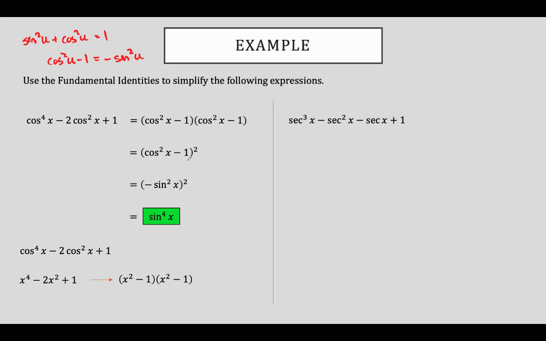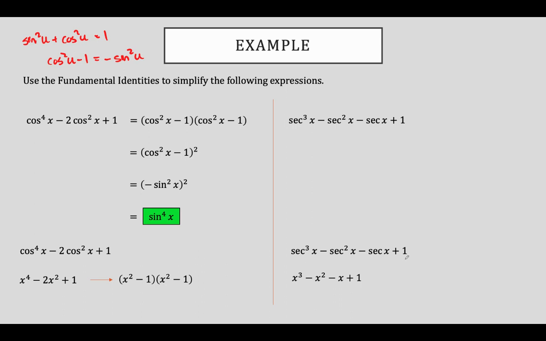Secant cubed x minus secant squared x minus secant x plus 1. Well, we've got our related polynomial. Notice this is a cubic polynomial, and this polynomial can be factored by grouping. Again, note the relationship. In my trig expression, instead of x's, I just have secant x's.